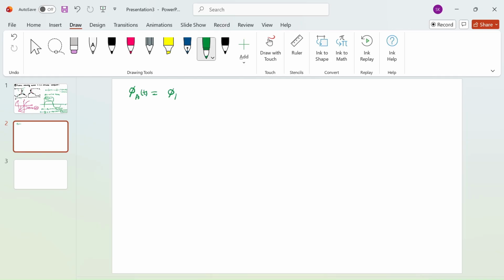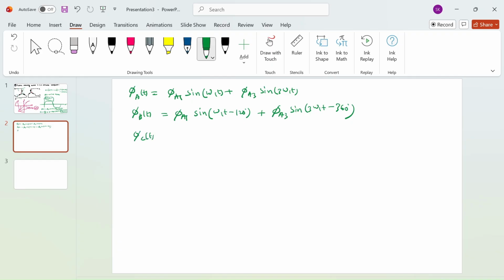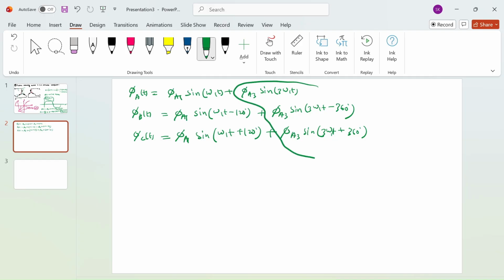Okay. So now if I try to write the flux for all three phases: phi A of t is phi A1 sine omega 1 t plus phi A3 sine 3 omega 1 t. For B phase, phi A1 sine (omega 1 t minus 120 degrees) plus phi A3 sine (3 omega 1 t minus 360 degrees). Phi C of t is phi A1 sine (omega 1 t plus 120 degrees) plus phi A3 sine (3 omega 1 t plus 360 degrees), and these are all in the same phase.